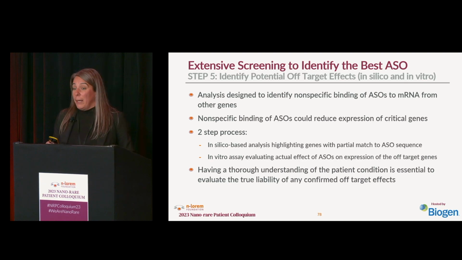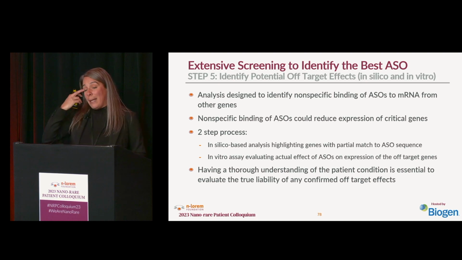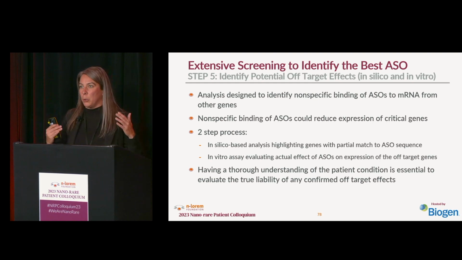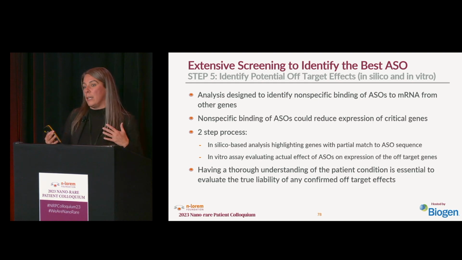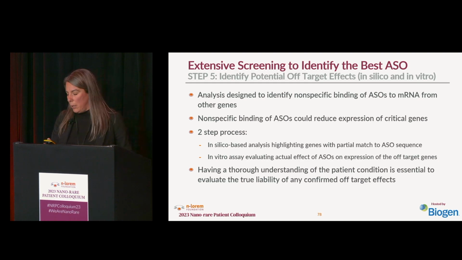On occasion, we might have a slight effect, minor effect on these genes. And at this point, it's really important to have a really good understanding of our patient condition to really be able to do a risk-benefit analysis here and understand if there's a true liability of this effect.